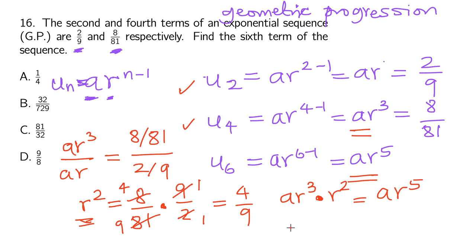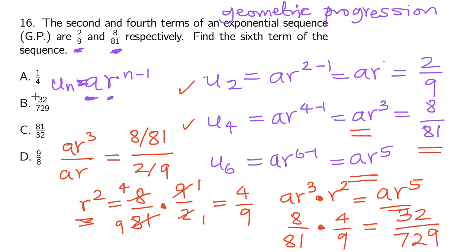What it means is that if we multiply 8 over 81 by 4 over 9, we'll get ar to the 5, which is our answer. And if we do that calculation, what do we get? 8 times 4 is 32, and 81 times 9 is 729. So that's our answer.